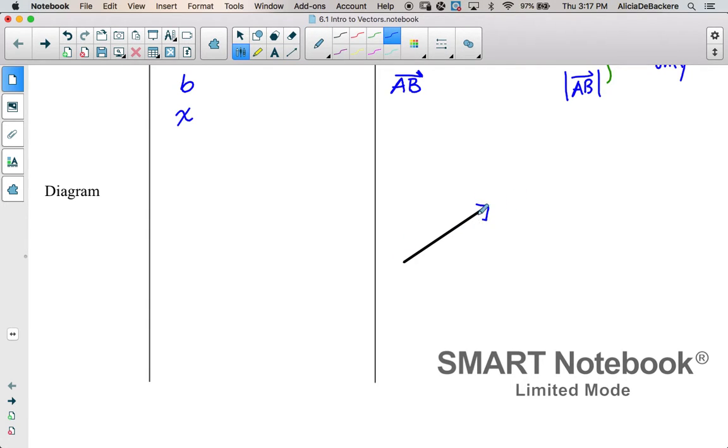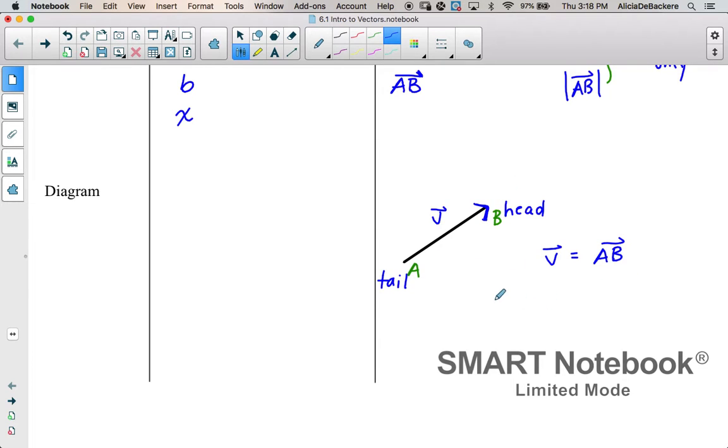To talk about the vector, we're going to talk about this arrow end as the head of the vector and the other end as the tail. And again, either I would call this vector v, or maybe I'd label the ends of the vector as A and B, matching my notation up here. In this picture, vector v is the same as vector AB.